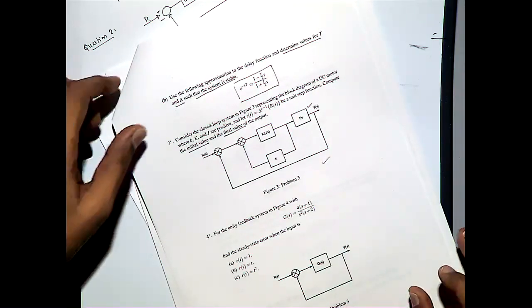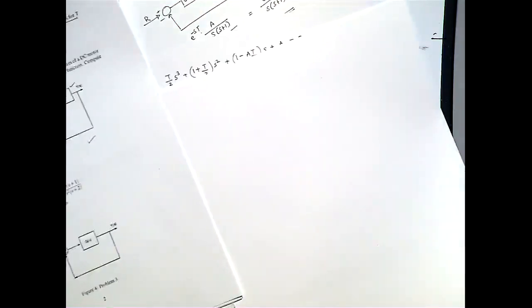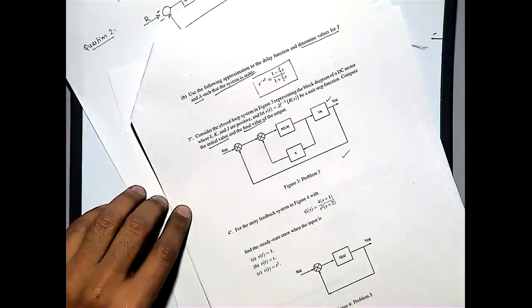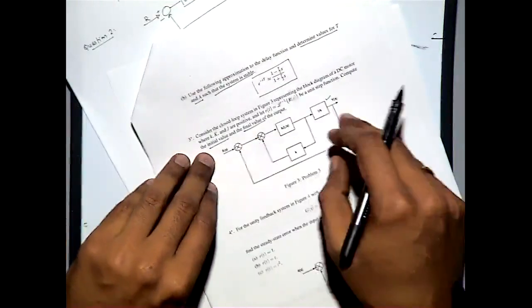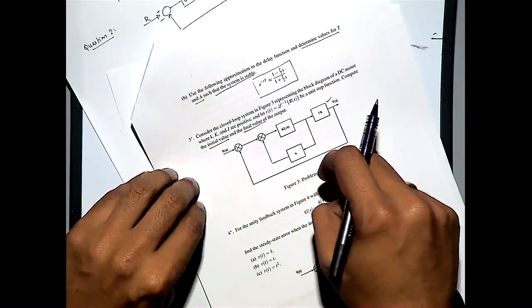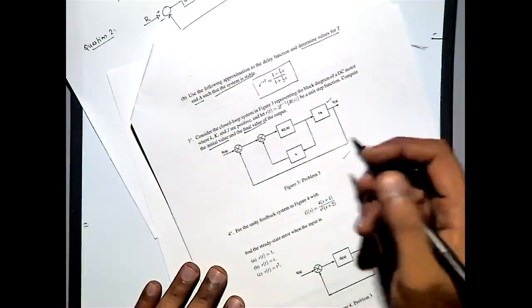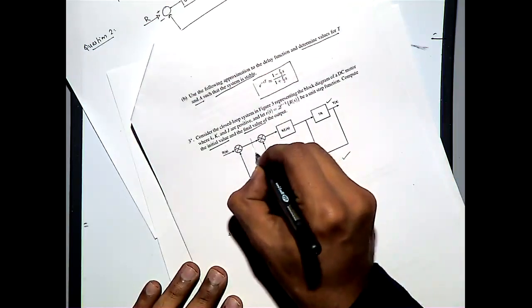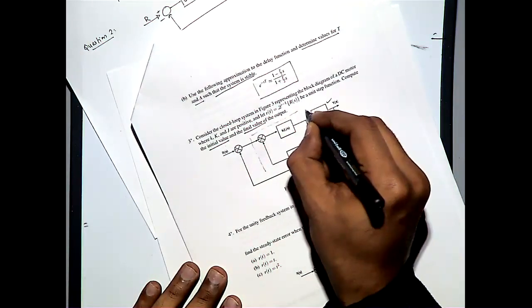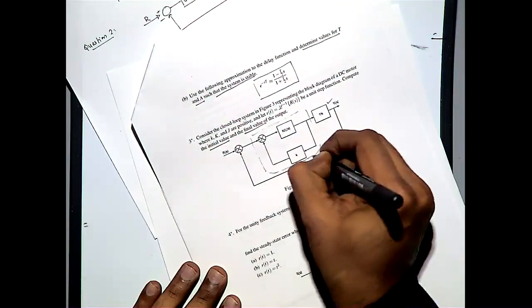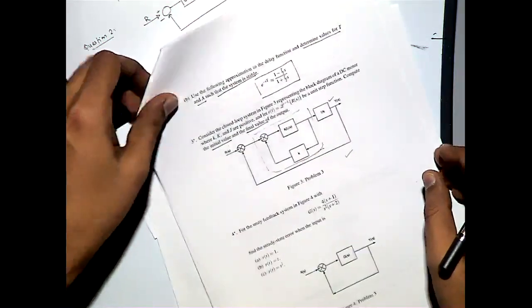Okay. So how do we proceed with this one? First we need to find out the equivalent transfer function of this system. So I will first consider the internal loop, then I will do the external loop and find out the transfer function.